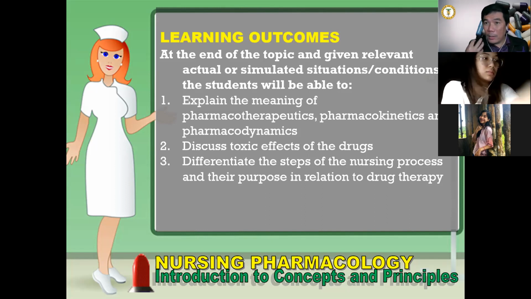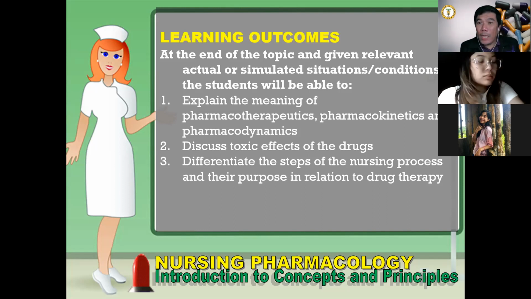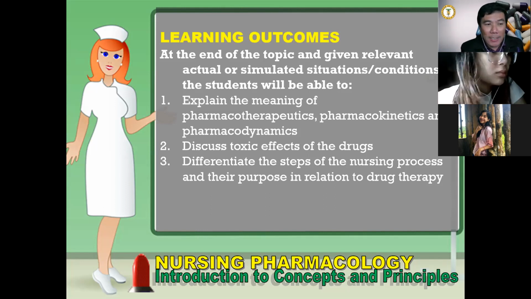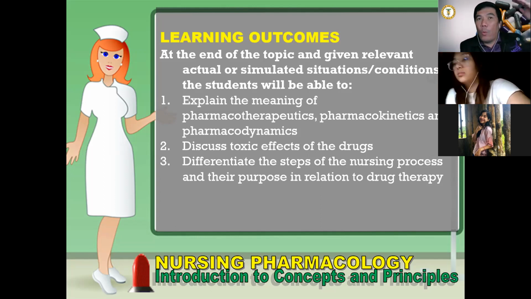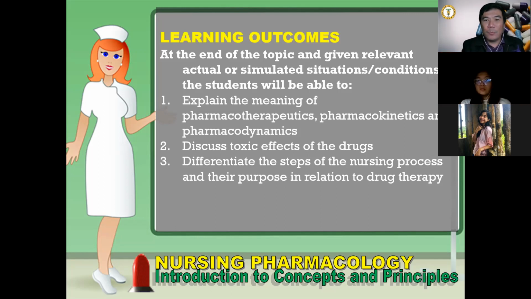So the nurse must be alarmed that within an hour or 2 hours, the client experiences a problem with bradycardia. So there must be something wrong. You need to recheck and revalidate the vital signs, and if it is confirmed that these are already adverse reactions, then you must do something to prevent its escalation towards toxic effect.